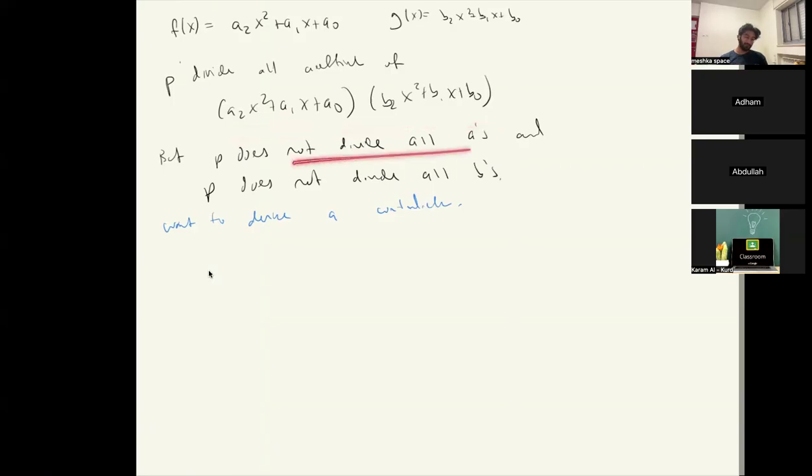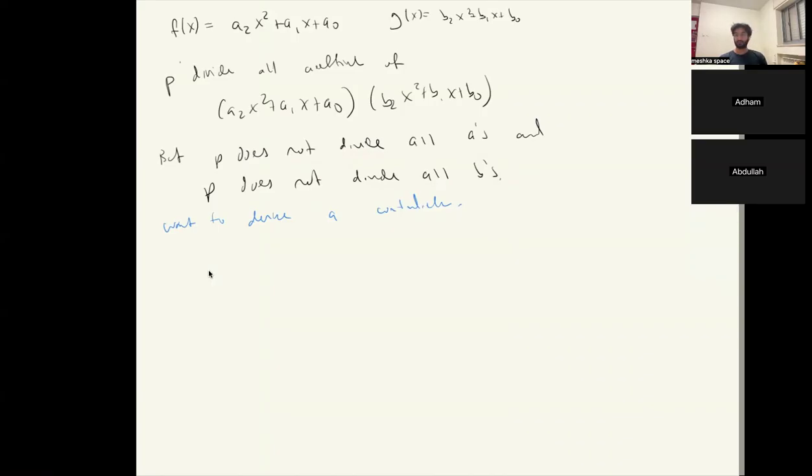Since f and g are primitive, we want to derive a contradiction. So, where can we start?